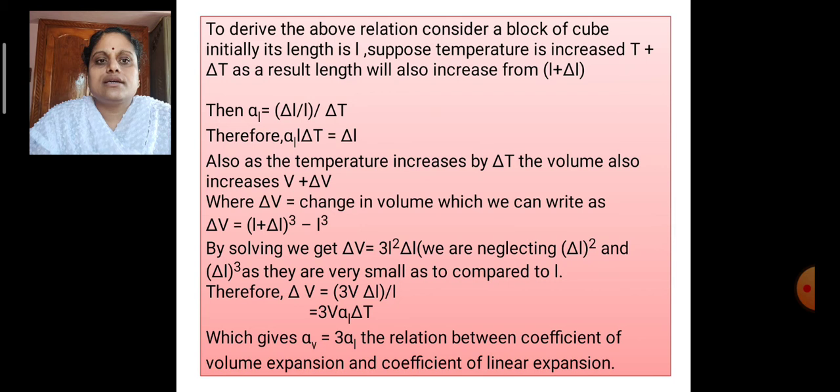By solving, we get delta V is equal to 3L square delta L, by neglecting delta L square and delta L cube as they are very small compared to L. Therefore, delta V is equal to 3V delta L by L, or delta V is equal to 3V alpha L into delta T. Substituting for delta L by L from the first equation gives alpha V is equal to 3 times alpha L. This is the relationship between coefficient of volume expansion and coefficient of linear expansion.